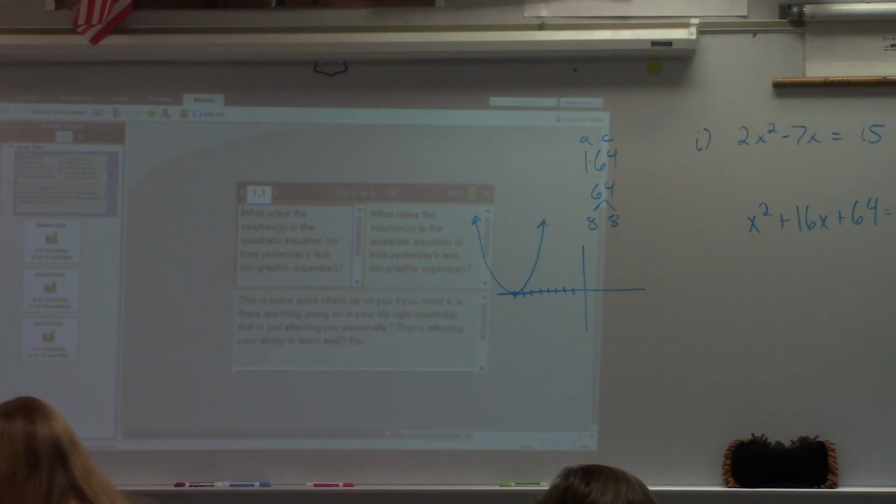So negative B divided by 2A equals negative 16 divided by 2 times, which would give me a -8. Notice how that vertex value was the same as the roots because the vertex was on the x-axis.